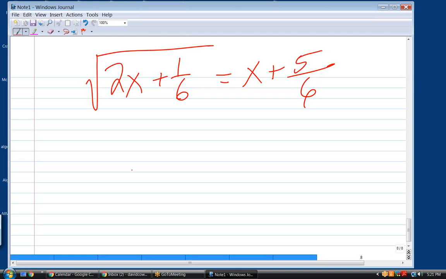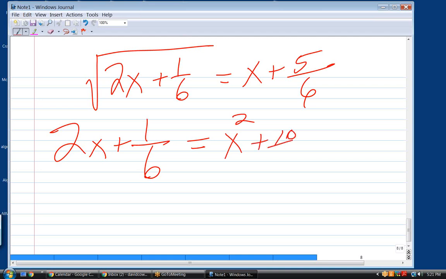First, you would square everything. Okay. Left side is what? 2x plus 16. That's the easy one. What's the right side? x squared plus 10/6 x plus 10/6.